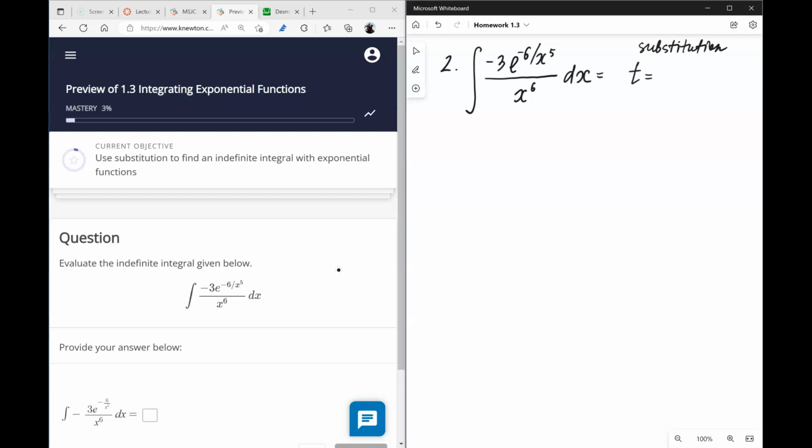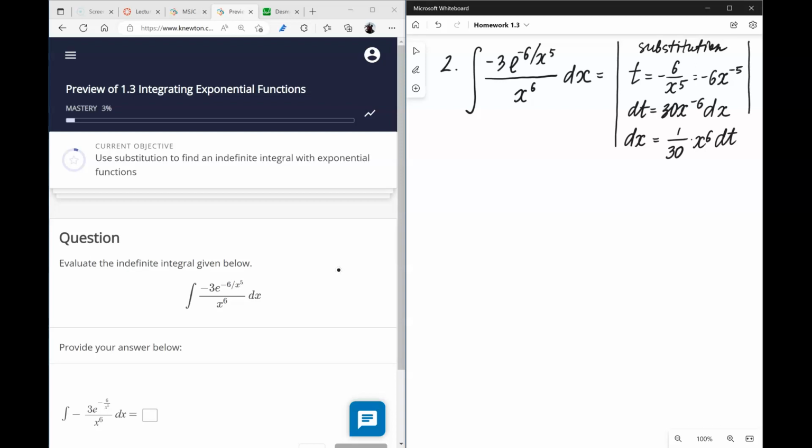My substitution is going to be t equals negative 6x to the power negative 5, and dt will therefore be equal to negative 6 times negative 5, which is 30x to the power negative 6 dx. Therefore, dx is equal to 1 over 30 times x to the 6 dt. I'm just playing with exponents here.